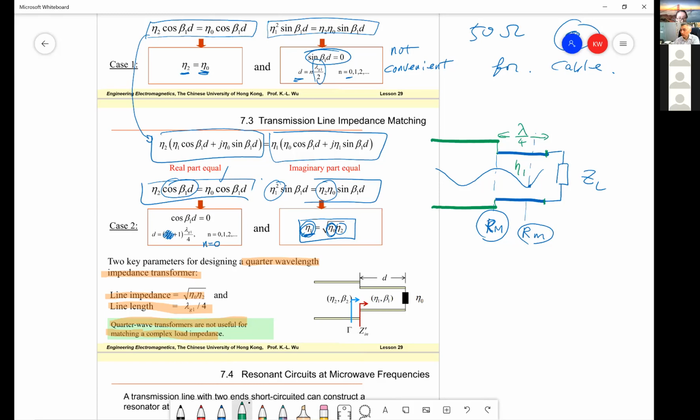This is eta 1. If you use Rm, capital M, then you also need to find out, okay? If you put a reference plane here, you need to find out what is Rm, okay, you need to find out what is RM, right?